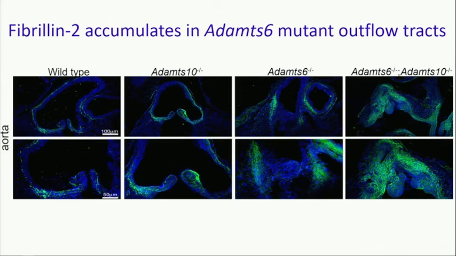And the amazing thing is that you can potentially reverse, and we do reverse the majority of the musculoskeletal defects and some of the cardiovascular defects simply by taking the ADAMTS6 mutant mice and deleting one copy of fibrillin 2. So it does strongly suggest that an excess of uncleaved fibrillin 2 is responsible for the morphogenetic defect in these mice.